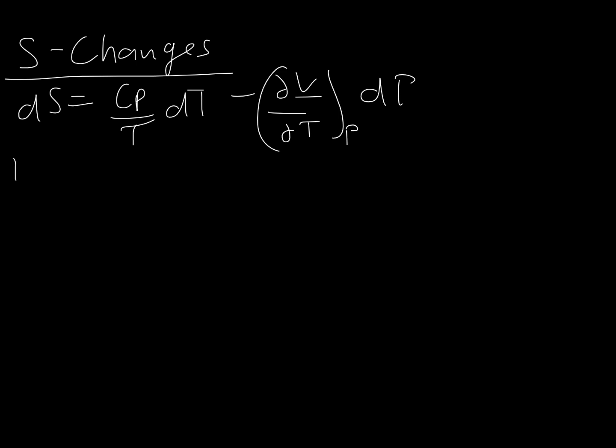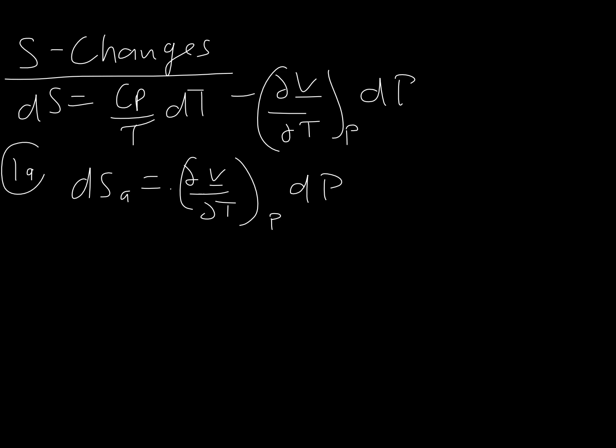So if we break it again into our steps 1a, 1b, and 1c, dSa is equal to minus dV dT at constant P dP. Right, we draw our PT diagram here, going from here to there, so we're going 1, 2, 3 steps. So the temperature's constant.